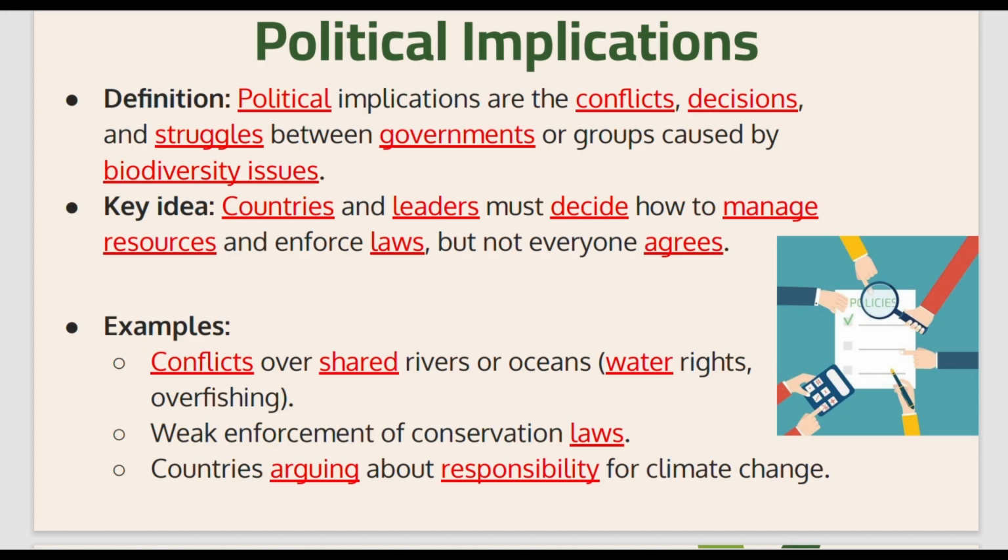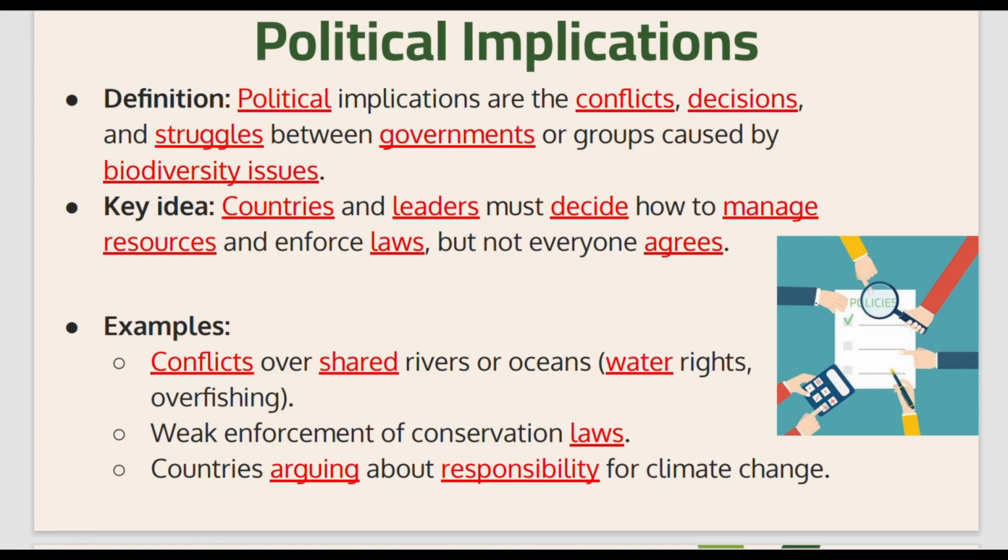And a lot of these conflicts come about how to manage who gets how much, who gets it when. So human impacts on biodiversity can cause political consequences between governments and groups trying to gain control or at least figure out how to manage resources that they may both depend on.